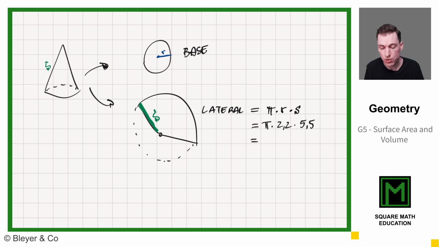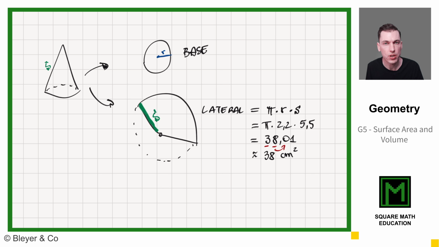Plugging this into our calculator, our output is about 38.01, and we're going to round to two significant digits. 3 is my first significant digit, 8 is my second, the next one is 0, so my final answer is 38 square centimeters for the area of the lateral.